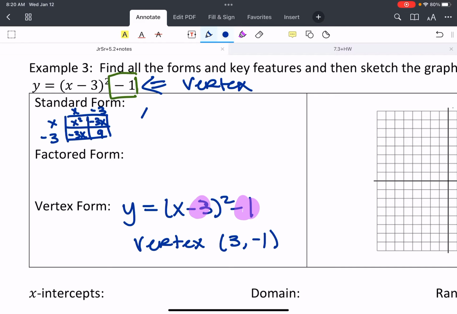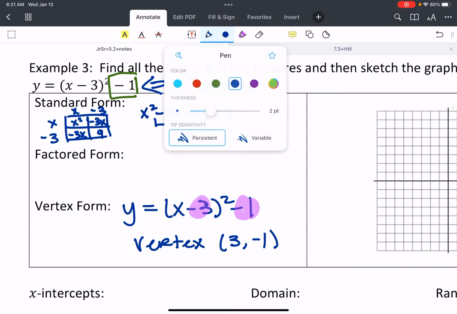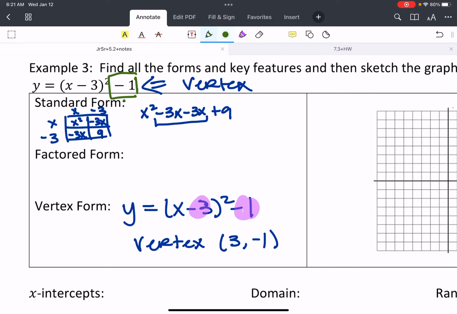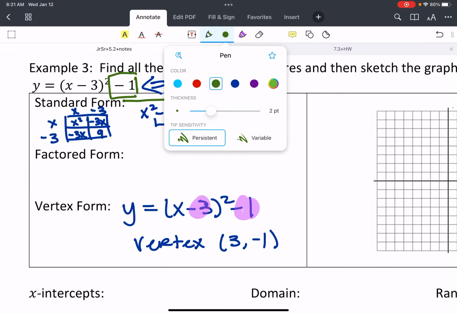So this one I'm going to write out so we can see what we're doing. X squared, because the box is a little confusing, -3x minus 3x. We usually combine these in the box, but we're going to do it here. And then we have a plus 9. And then we don't forget that -1 from here. So I'm going to tack it on right here. So -1. And then I'm just going to combine all my like terms.